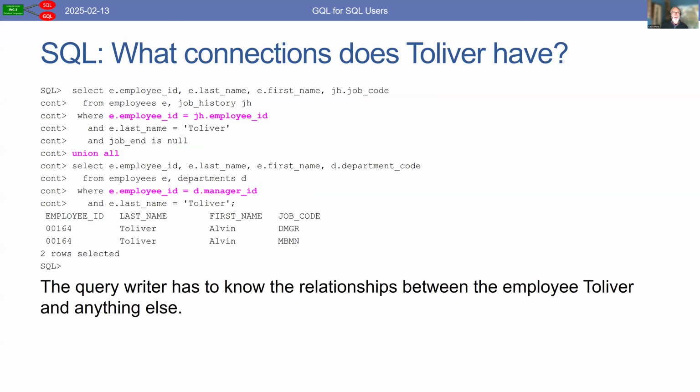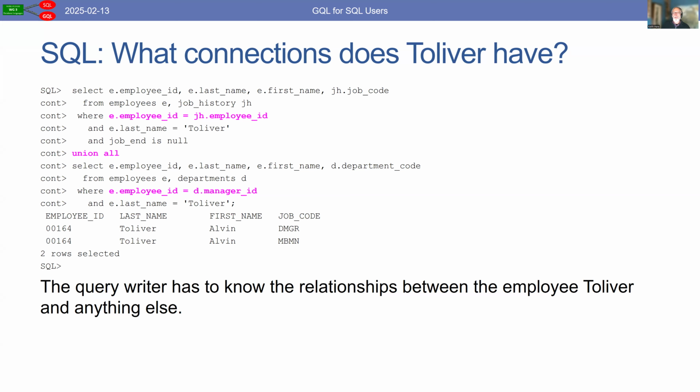More complicated query: what connections does Tolliver have? So to write this query, I have to know that an employee has a connection to a job history record, and that an employee has a connection to departments, because the employee ID in departments and employees is equal to the manager ID in departments.